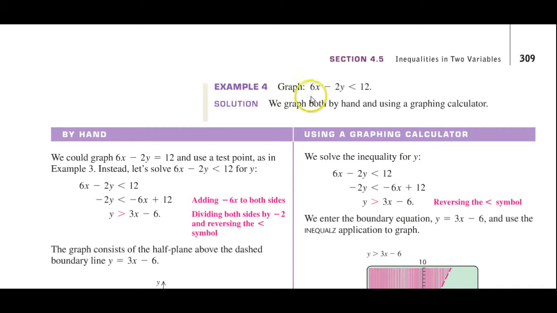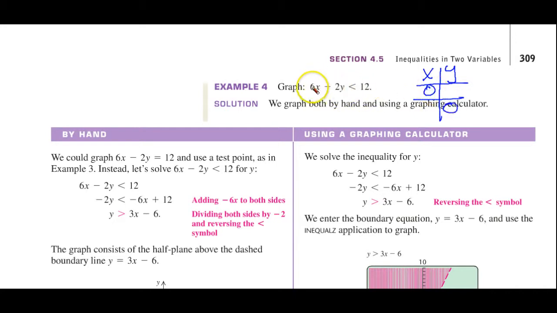Okay, for example 4, and again it gives lots of stuff here that you can read, but I will go over it with you as to how I would do it. Now when I see something like this, it's in standard form, I would make a t-chart, especially since this and this are divisible into that.